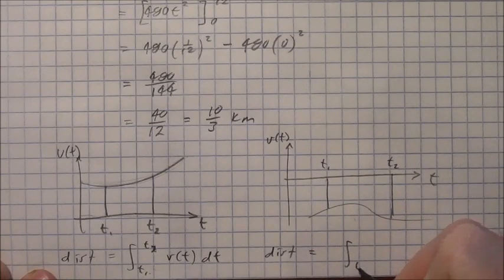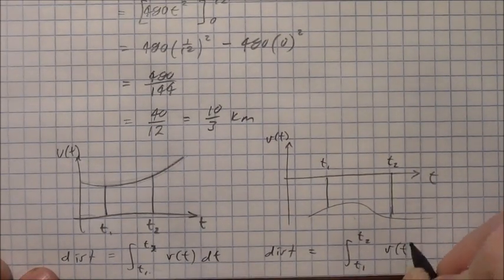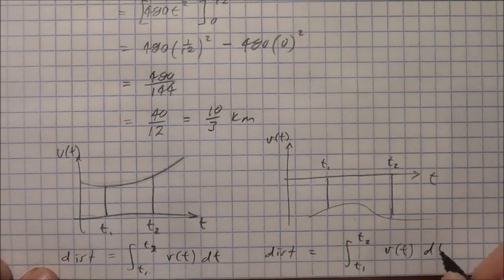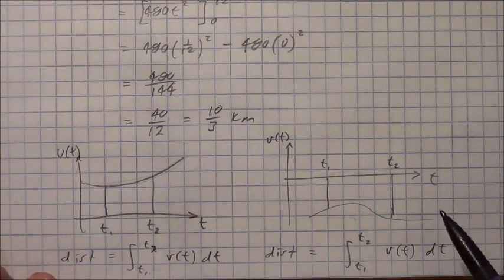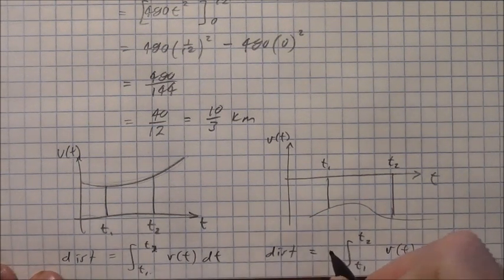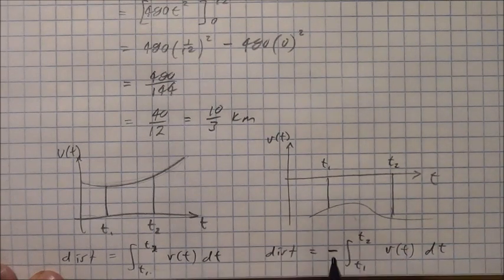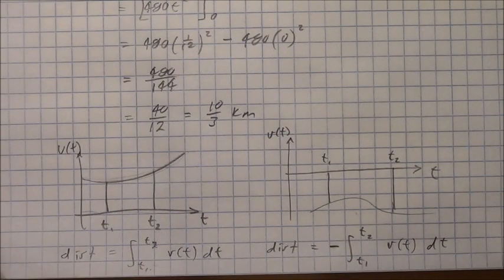Because we're going to evaluate from t1 to t2 of this function, the distance is basically going to be 0 minus this, which will give us a negative distance, and we know that distance traveled cannot be negative. So we're going to stick a negative in front there to change this negative distance into a positive.